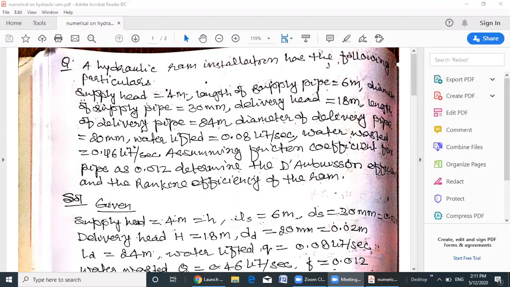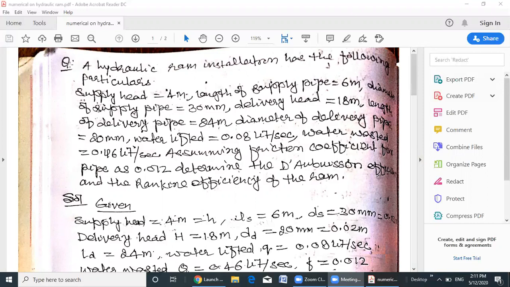This numerical is very important because it will solve your two purpose. Since it is the part of your theory syllabus as well as practical, if we are talking about hydraulic ram, it is one of the experiment in your hydraulic machinery lab.